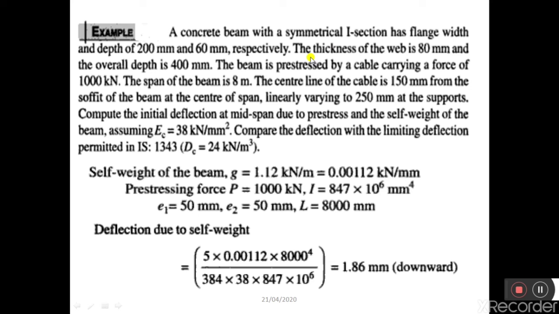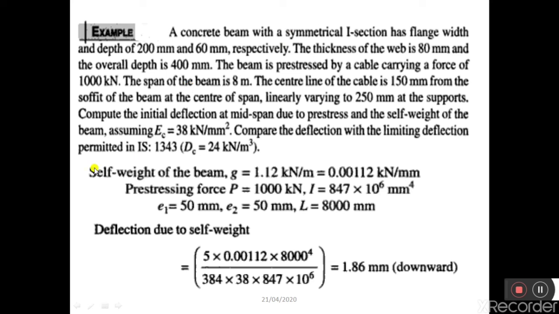So we know the formulas to calculate the deflection due to pre-stress and the deflection due to self weight. So the data required to substitute in the formulas are: we need moment of inertia, we need self weight of the beam, we need cross section area, and we need Young's modulus of concrete.